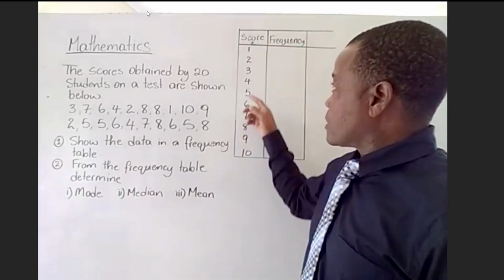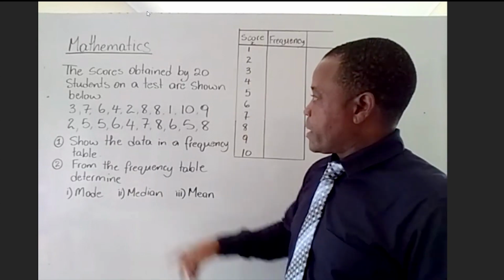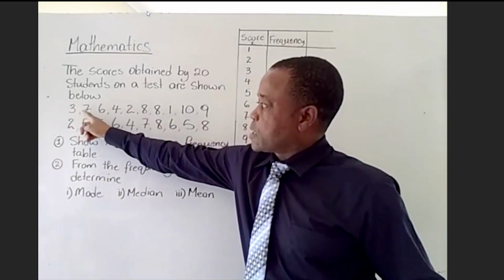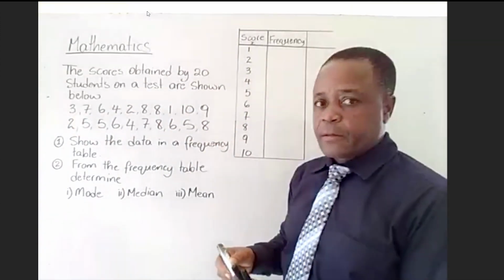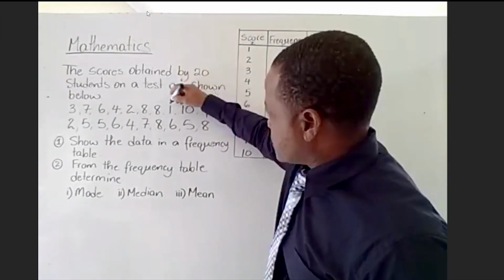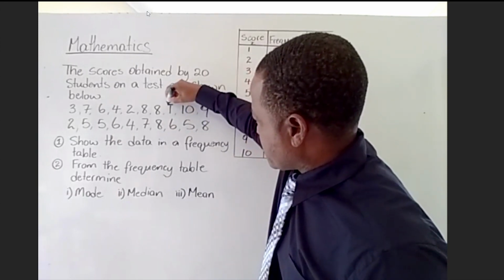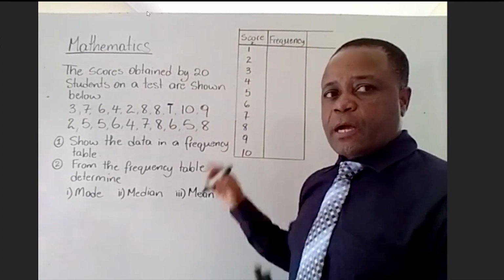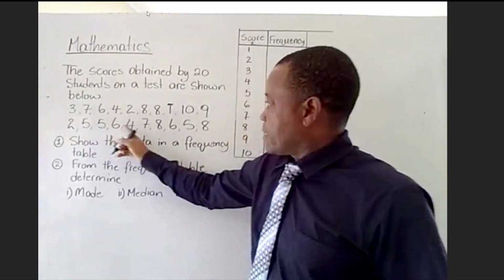All right. Now, the first score we want to look at is 1. When I look up there, I will go in this row and I realize that there's a 1 here. So what I'm going to do is put a little marker at the top of it. I will not use that marker again for any other score. I will look again.